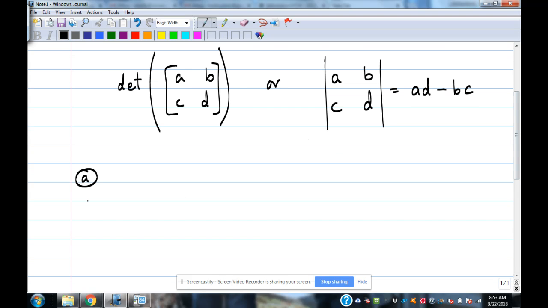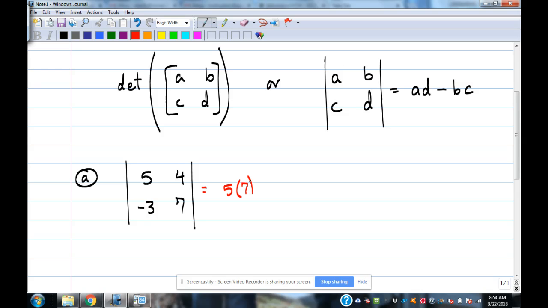All right, so let's get a 2 by 2 matrix. Let's say 5, 4, -3, 7. And I'm using the absolute value bar notation there. I could also write DET and then put the brackets. It's the same thing. I'm going to find the determinant of that 2 by 2 matrix. It's got to be square. This one is. It's 2 by 2. And I just start with the top left and do that diagonal. 5 times 7.